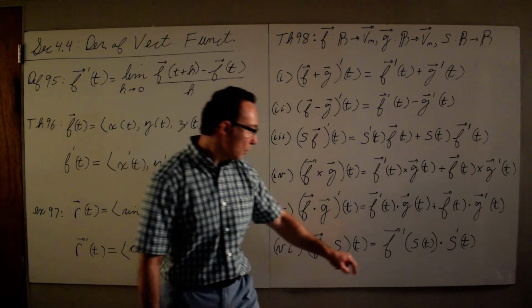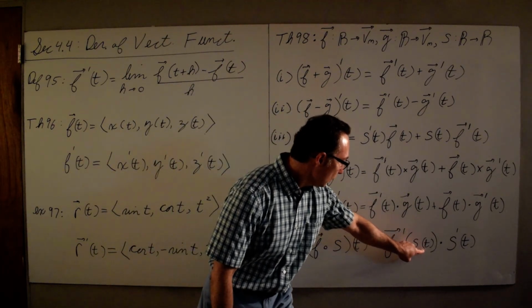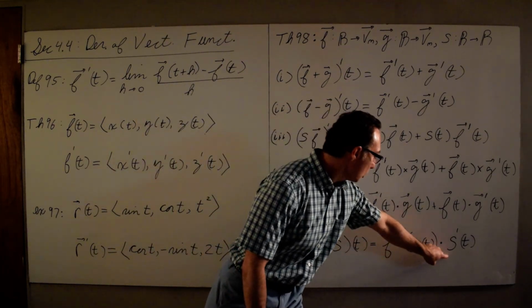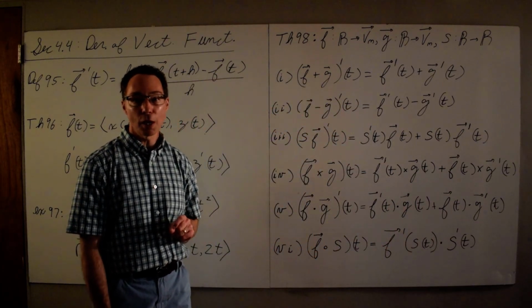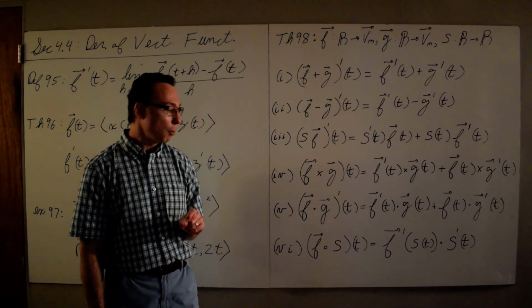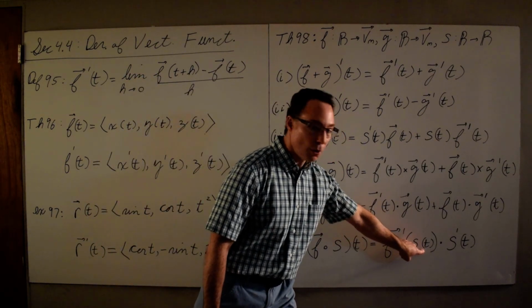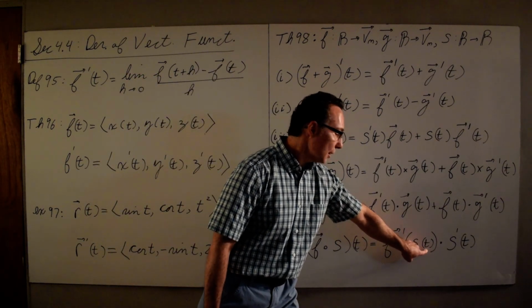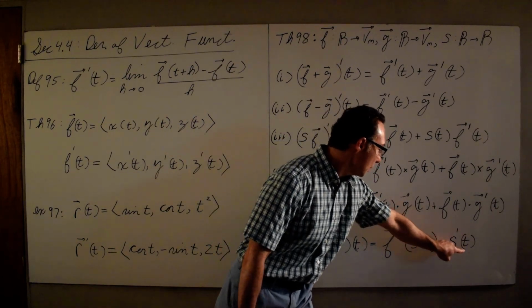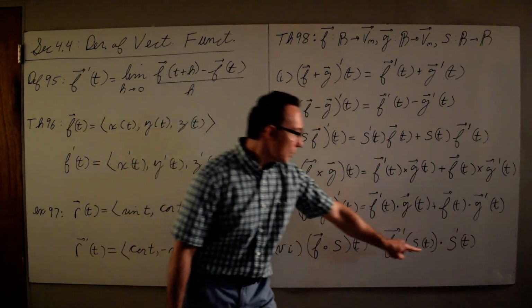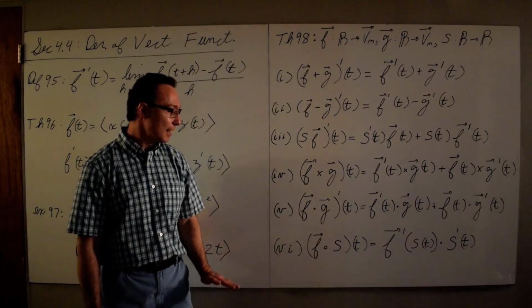Chain rule: take the derivative of the outside function, leave the inside function alone, multiply by the derivative of the inside function. What do I mean by multiply? I mean scalar multiple. s of t is a real-valued function, so if I substitute a number for t, I get a number. s prime of t is a real-valued function, so if I substitute a number into s prime, I get a number.